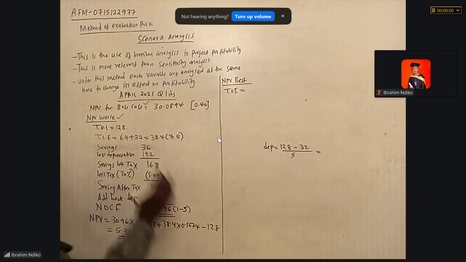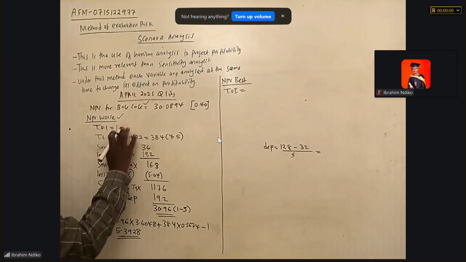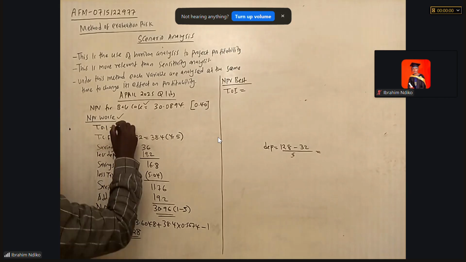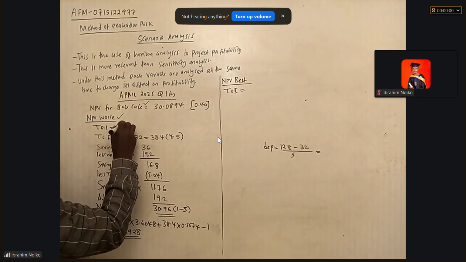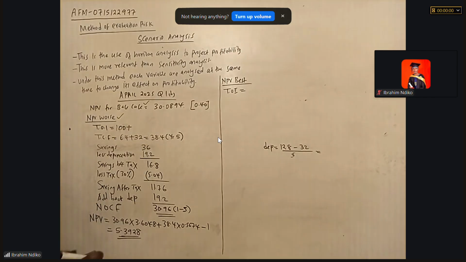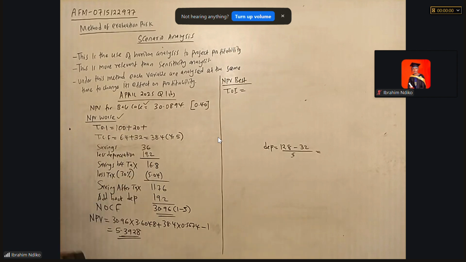Let us revisit this. This 128, what was the purchase cost? It was 100, right? Plus what was the modification cost? 20. What about working capital?